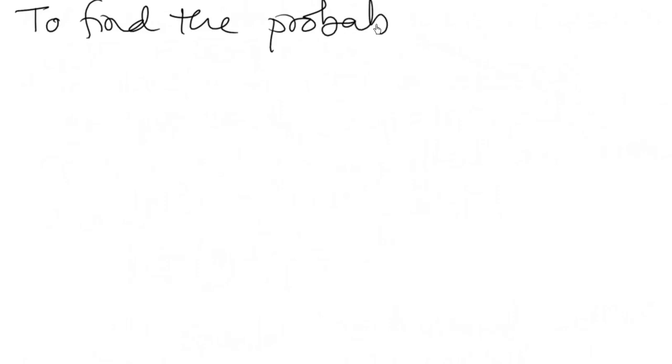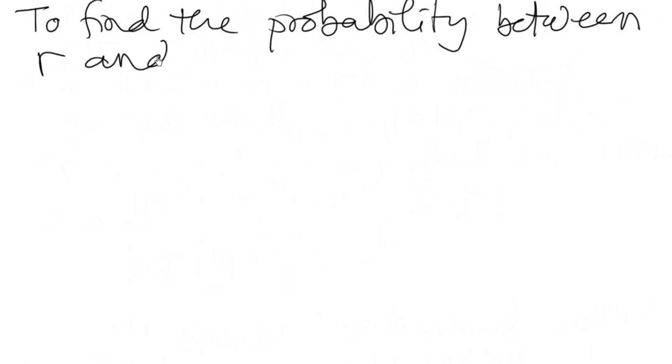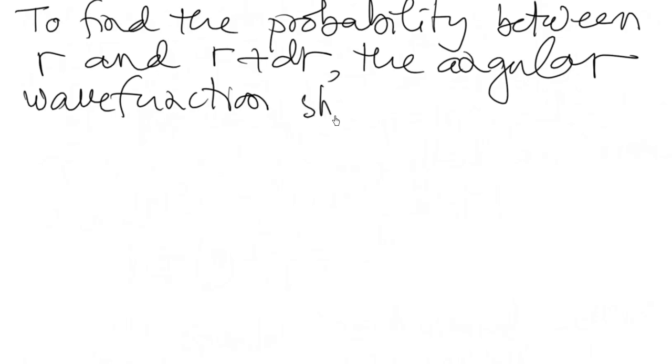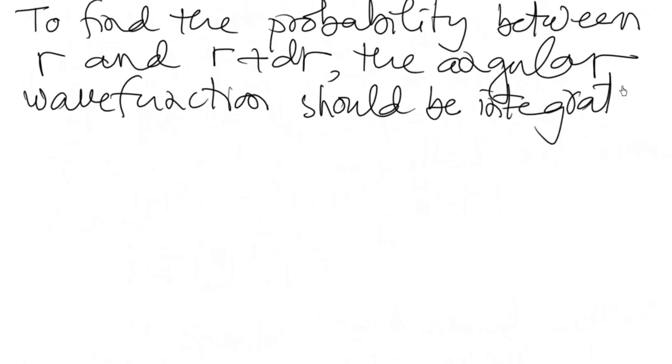To find the probability only between r and r plus dr, the angular wave function should be integrated over the full range of theta and phi.